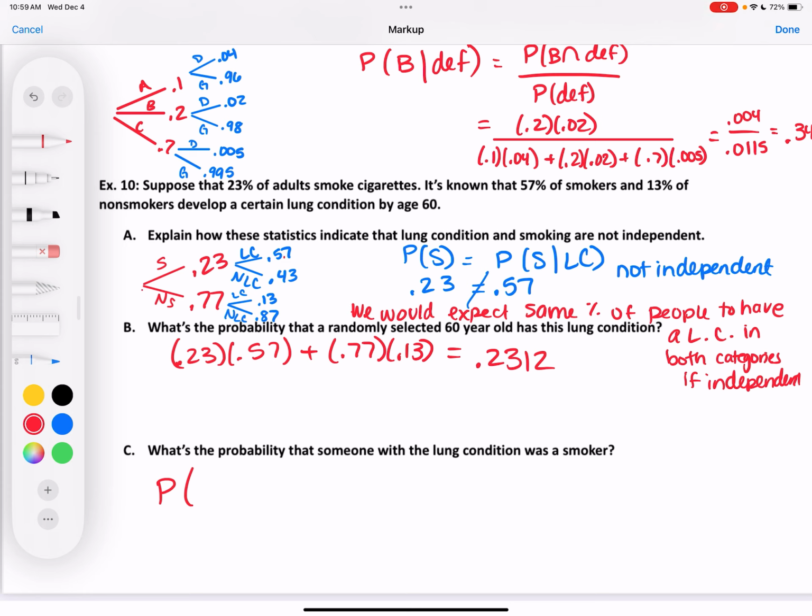So this one's kind of like that one we had earlier where they've reversed the wording. So it's saying that they already had a lung condition. So, smoker given lung condition. Yep.